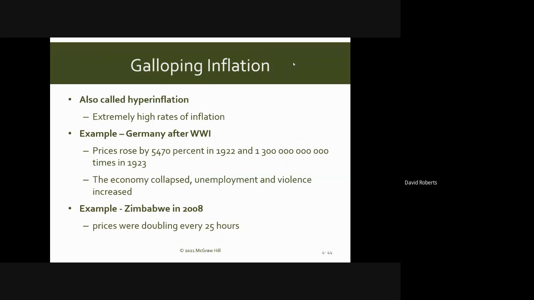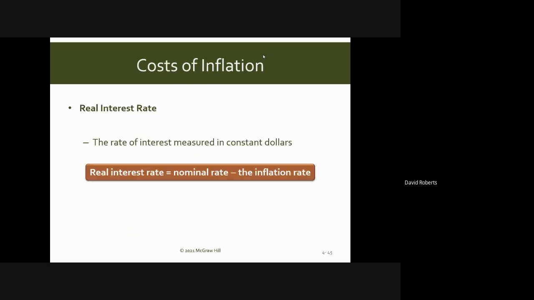And you can see what happened. The economy collapsed, there was unemployment, and then people were angry about being out of work and having no money, and so it led to violence. You can see Zimbabwe is even worse. Every day it doubled, every 25 hours anyways.